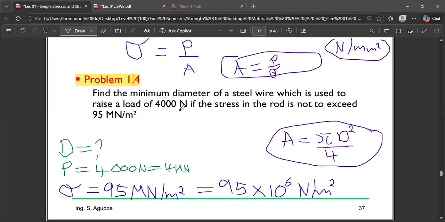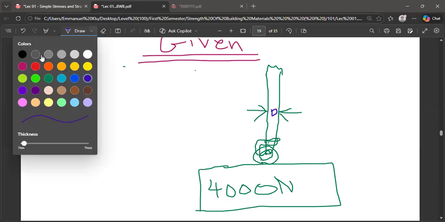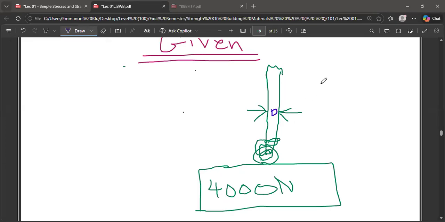Which is used to raise a load of 4,000 if the stress is not to exceed, let's say, 95 meganewton. So the stress is not to exceed 95 meganewton. Okay, so the stress, let's quickly put that down before we start writing our given. The stress is not to exceed, that is, must not be greater than.